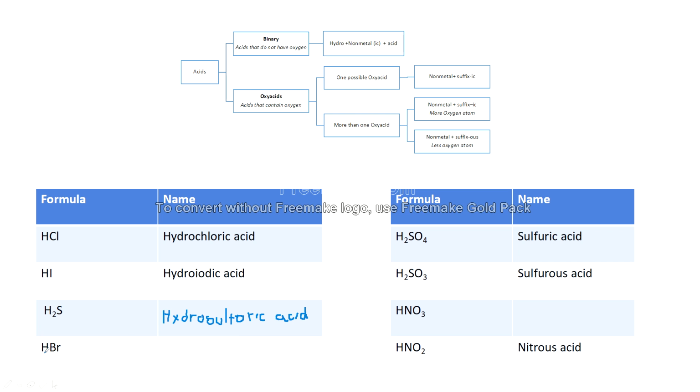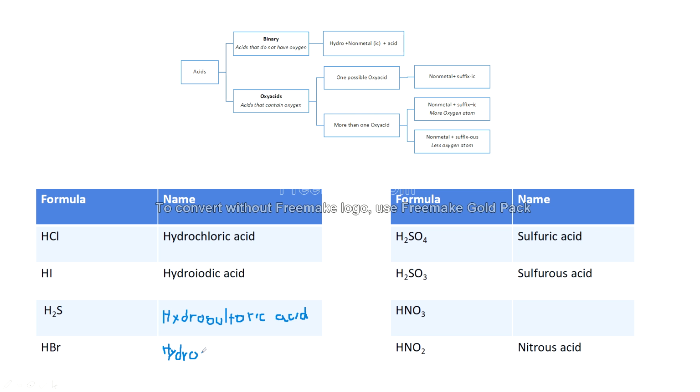And then the last one is still a binary acid. We have hydrogen and the non-metal. So we have hydro again, and then we have bromine.